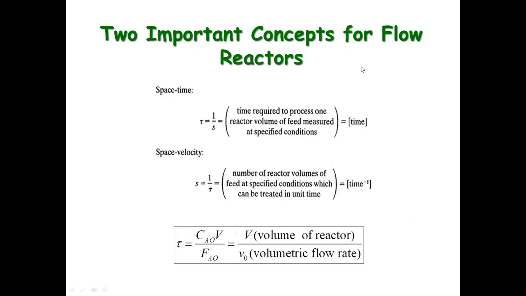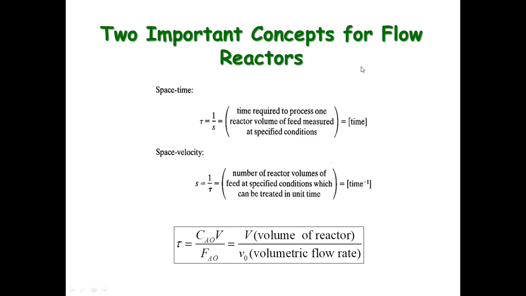Now, when we speak of steady state reactors, I'm referring to the constantly stirred tank reactor and the plug flow reactor. There is this added concept or characteristic that could only be associated, or often associated, to these steady state reactors.